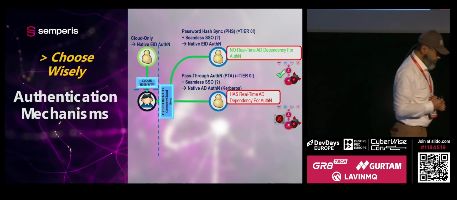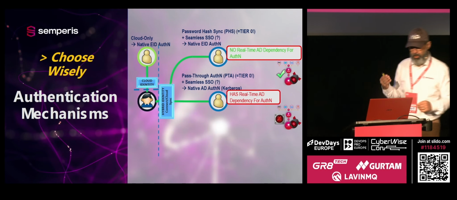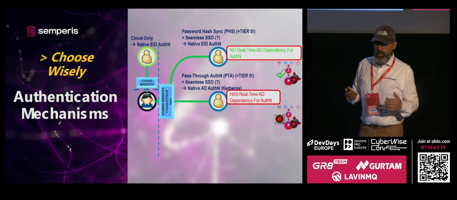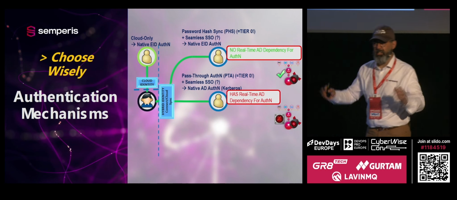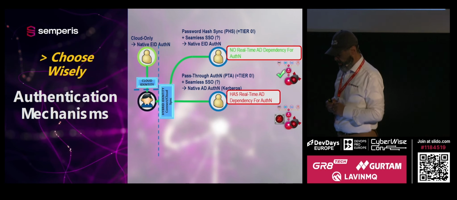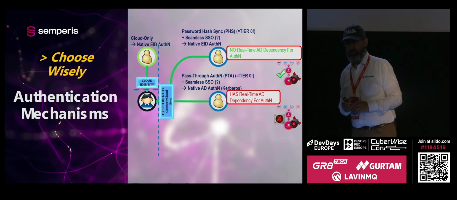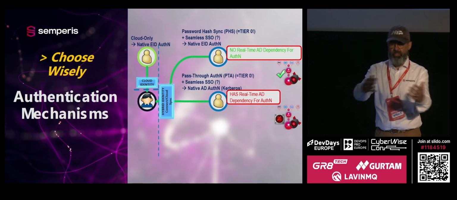Why did people choose this mechanism? The main reason is that they chose this because some security officer said, oh, I don't want to have any passwords in the cloud because that's insecure. It's a valid reason for many, many years ago, because those people were never thinking about what if things go wrong?